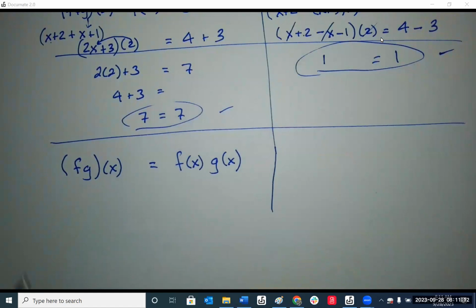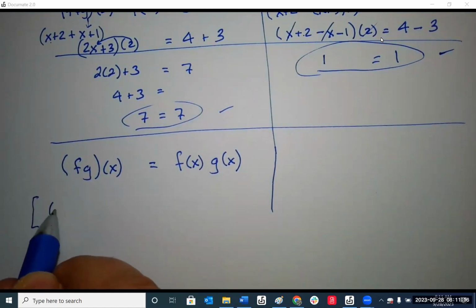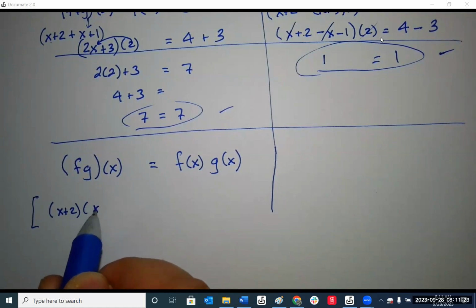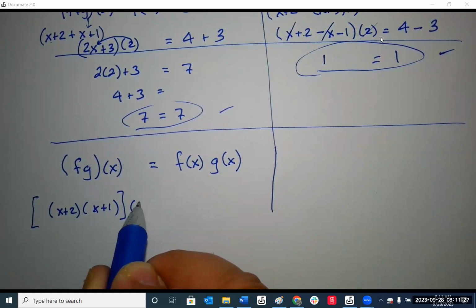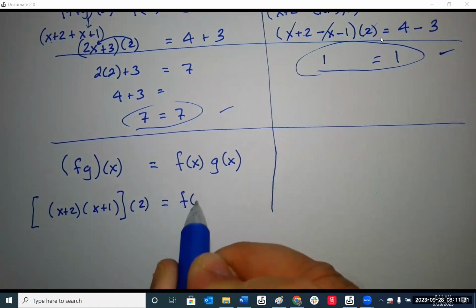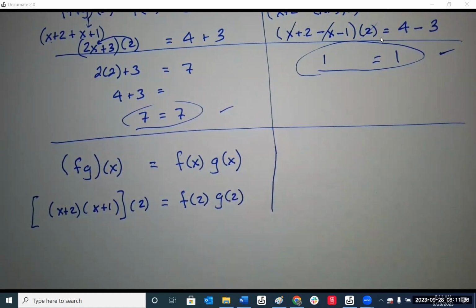We're still using the same f's and g's. So in this first one, f is x plus 2, g is x plus 1. We're going to do it when x is 2. F of 2 times g of 2.